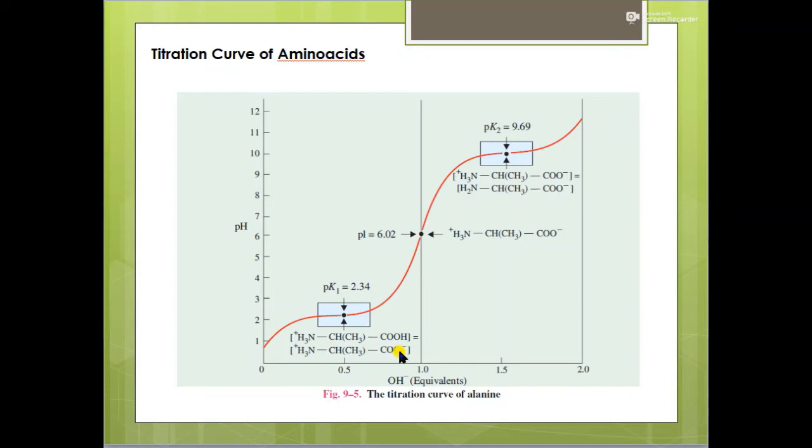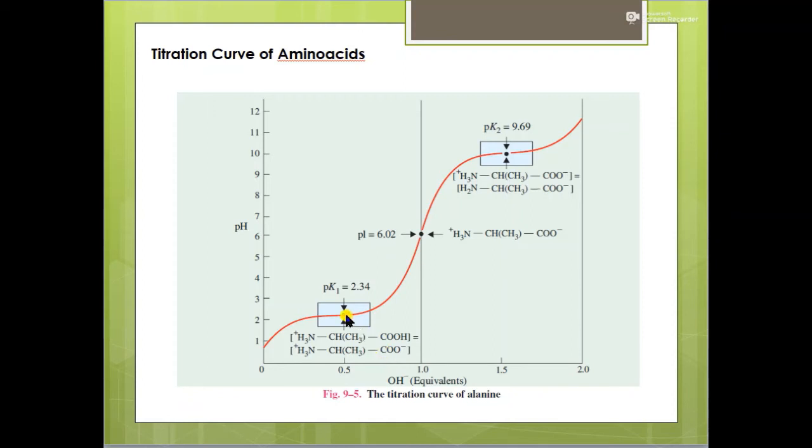Now look at the values here. At the pH corresponding to 2.34, the protonated form of alanine, NH3+CH(CH3)COOH, and the form NH3+CH(CH3)COO minus are present in equivalent concentrations.